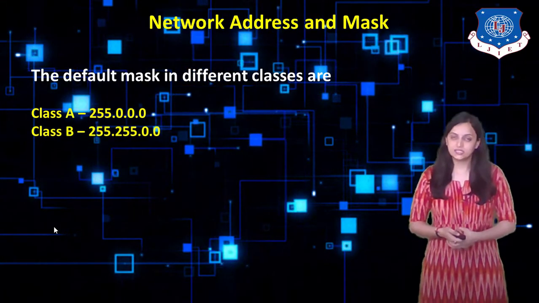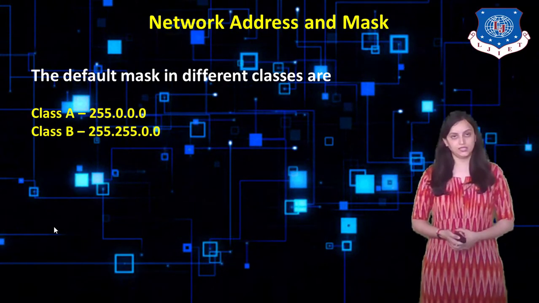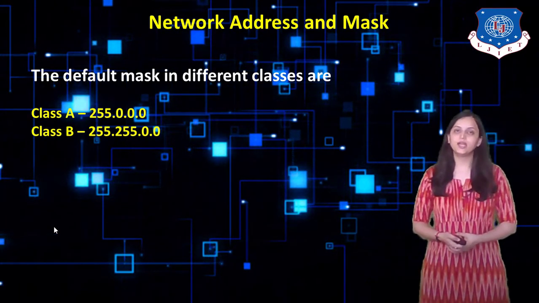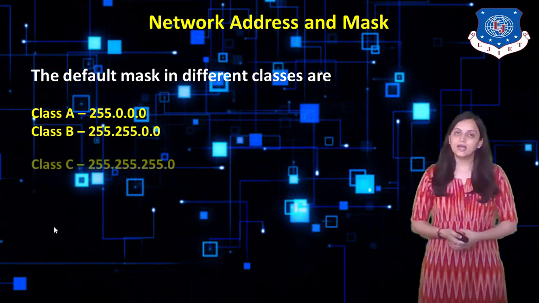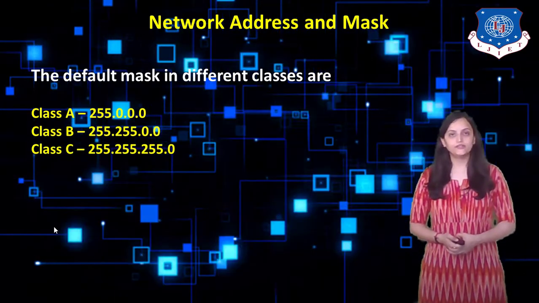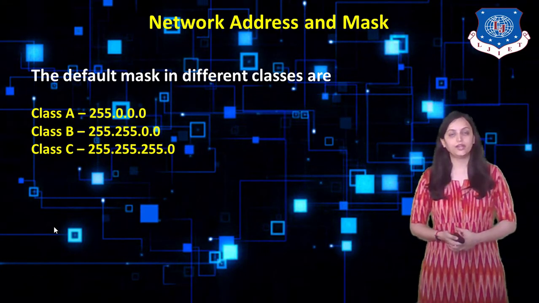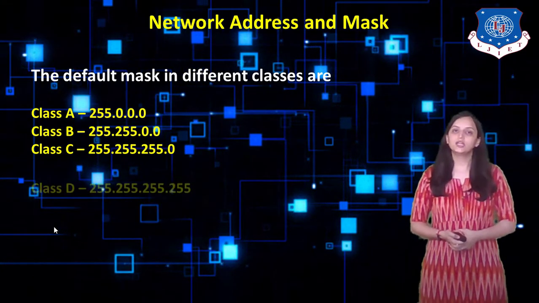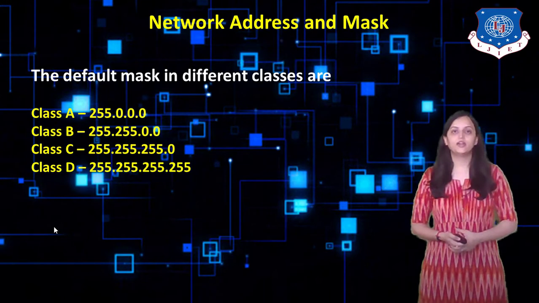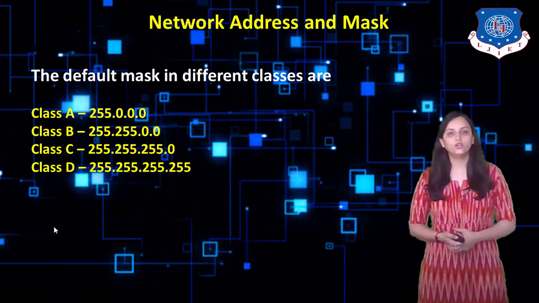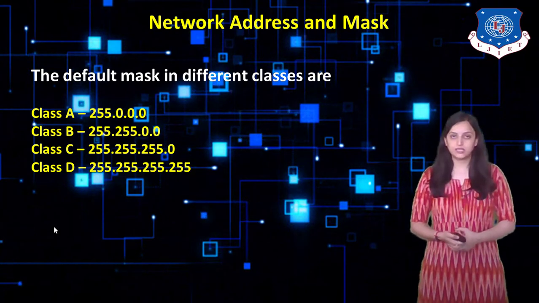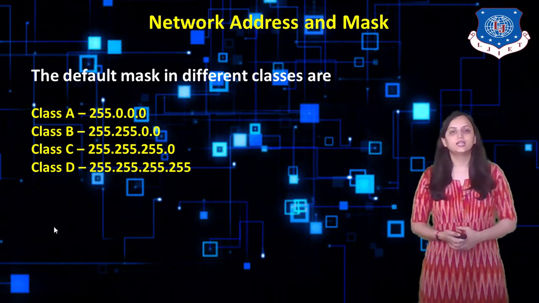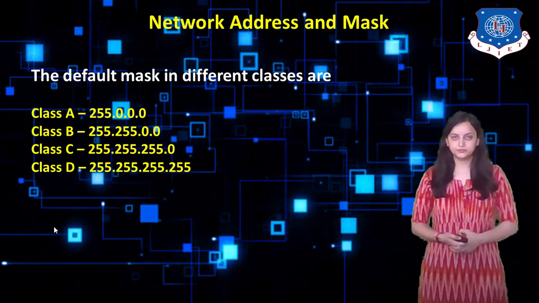Same way for class B, there is again a fixed subnet mask, which is 255.255.0.0. For class C, it is 255.255.255.0, and for class D, it is 255.255.255.255. So these are the default subnet masks for different classes of network addresses.